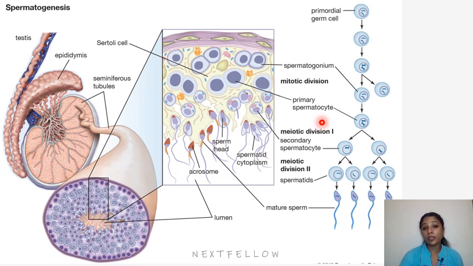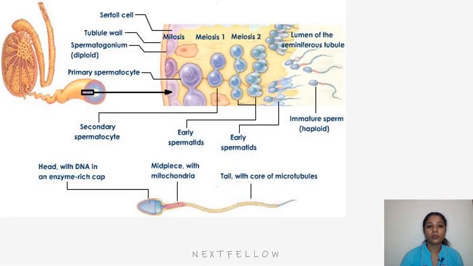So independent assortment takes place only in the meiosis 1 division. So these things are to be remembered. Each spermatid gradually changes to become a spermatozoa or sperm. This transformation of the circular spermatid into the sperm is called spermiogenesis.